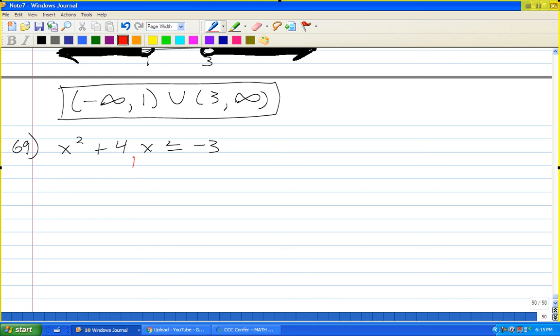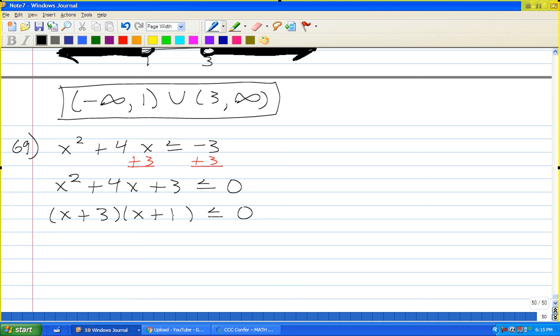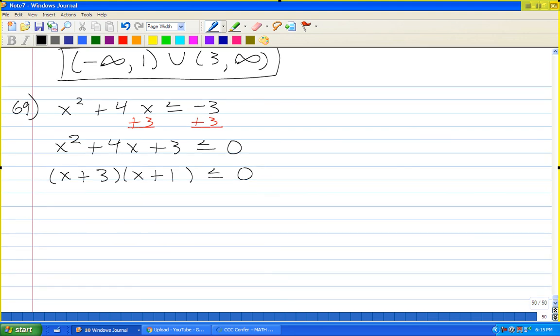Add 3 to both sides of your inequality. So x squared plus 4x plus 3 less than or equal to 0. Again, this is a monic quadratic trinomial in x. So I can drop down the plus times plus is plus. I want two whole numbers whose product is 3 and whose sum is 4, 3 and 1.